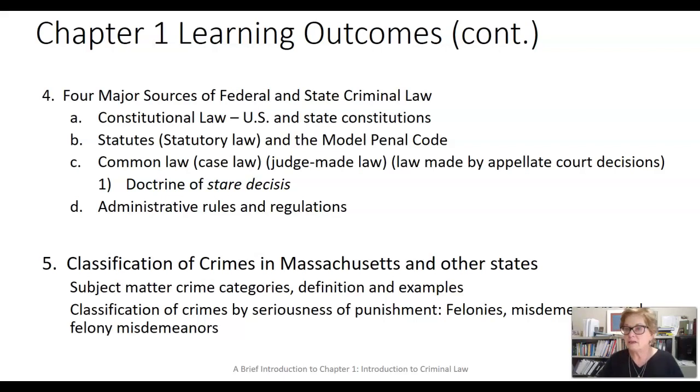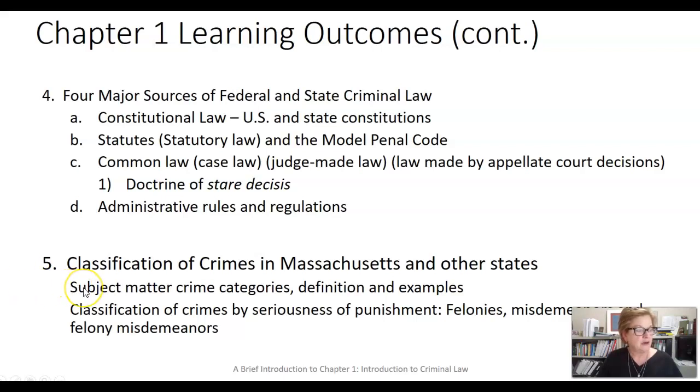Is it a crime involving drugs and controlled substances? Is it a crime of operating under the influence of drugs and alcohol? Or inchoate crimes, those things where individuals have taken some steps toward completing a crime, but haven't fully completed it.